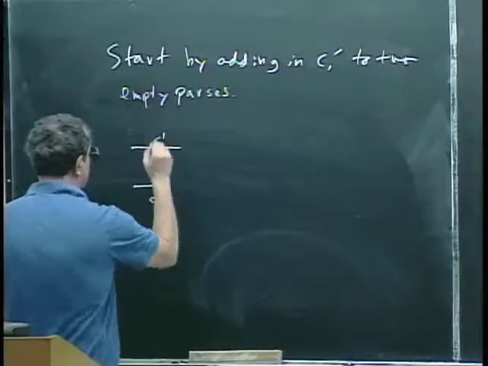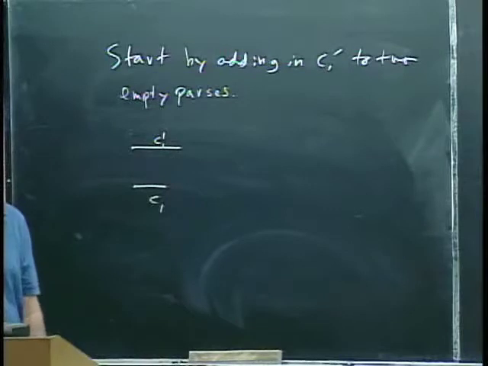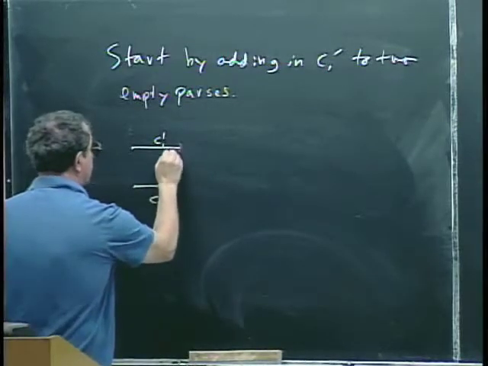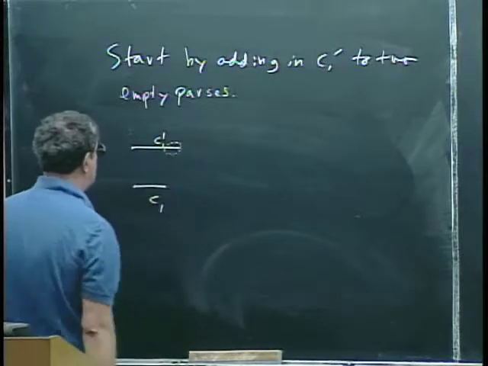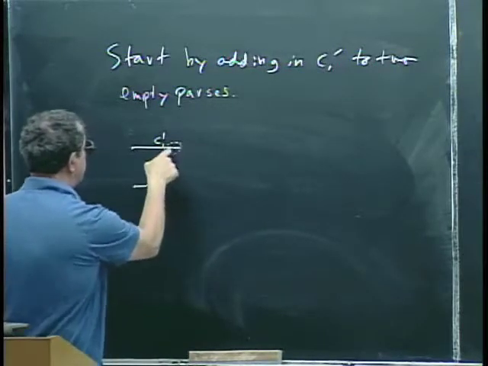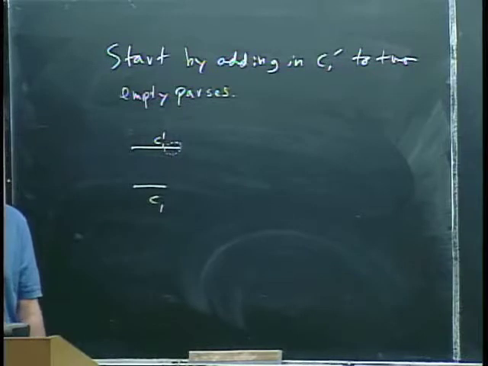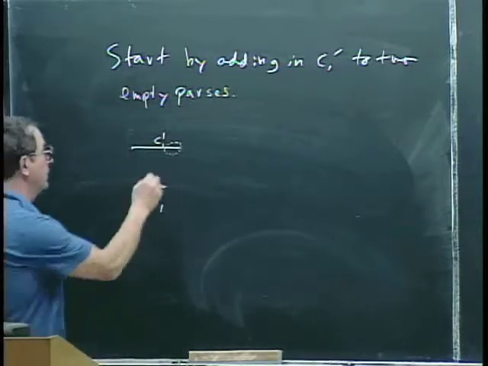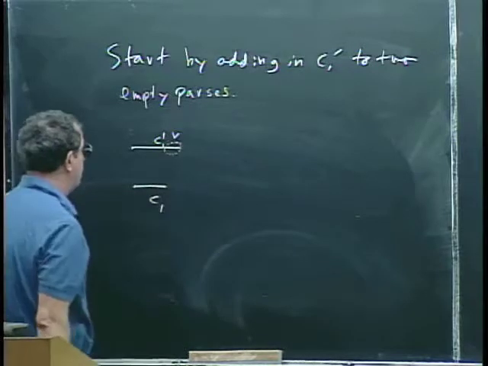And the picture looks like that. So here's the first overhang, and this is a suffix of a code word, because C1 prime is in fact a code word. That's V.